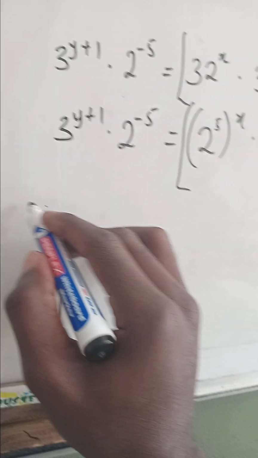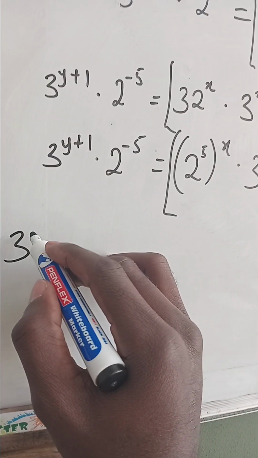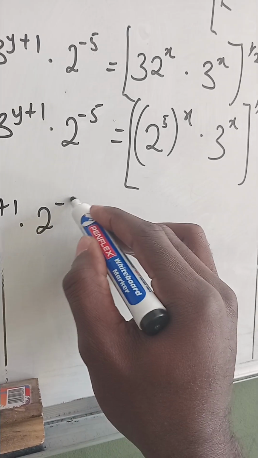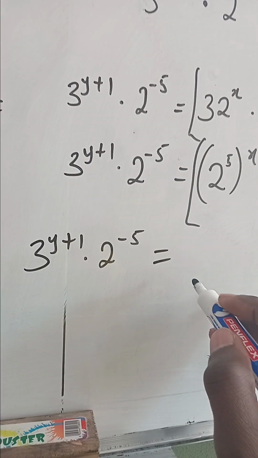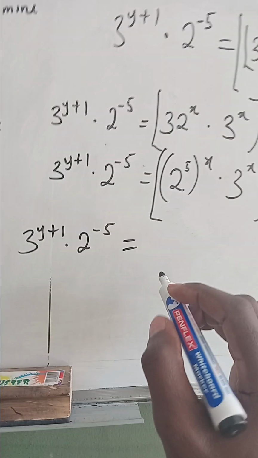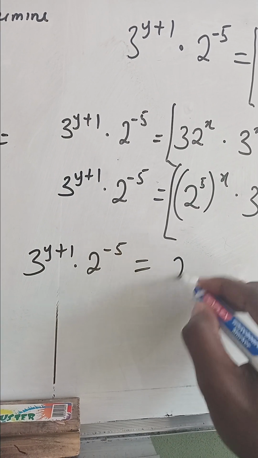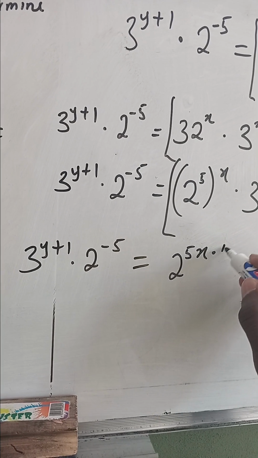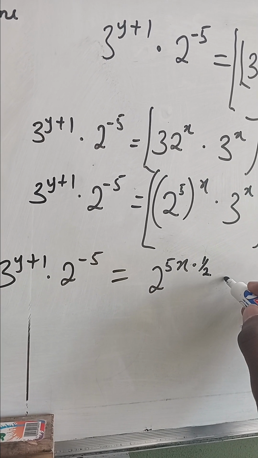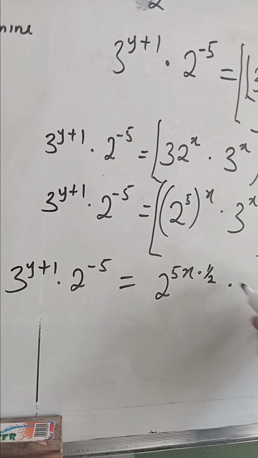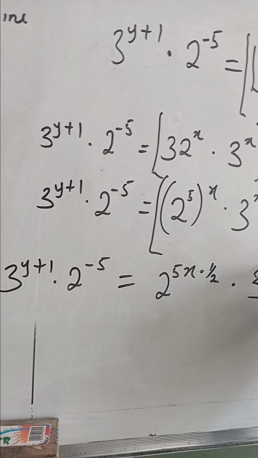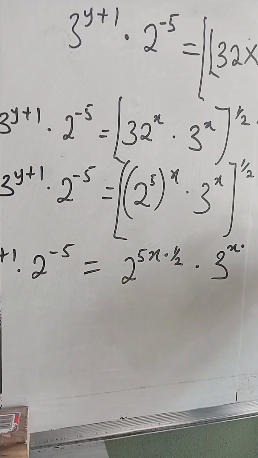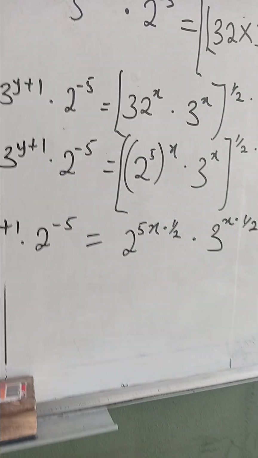I can rewrite this as 3 raised to the power of y plus 1 times 2 raised to the power of minus 5 is equal to 2 raised to the power of 5x multiplied by 1 over 2, times 3 raised to the power of x multiplied by 1 over 2.